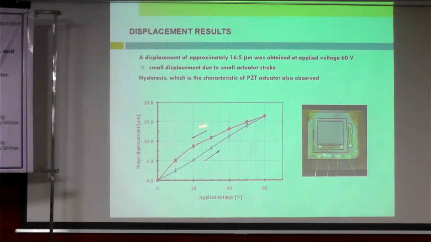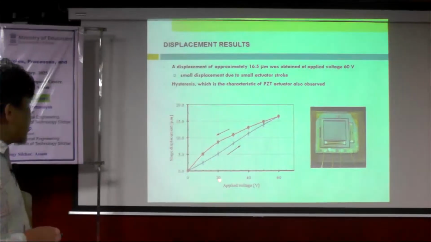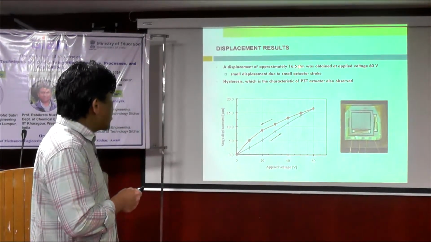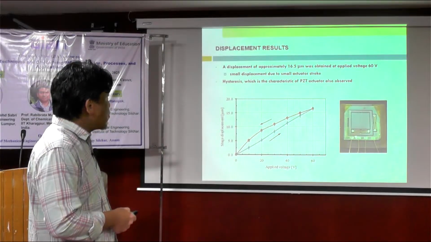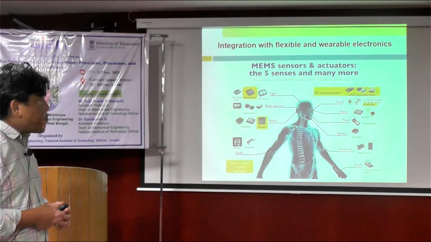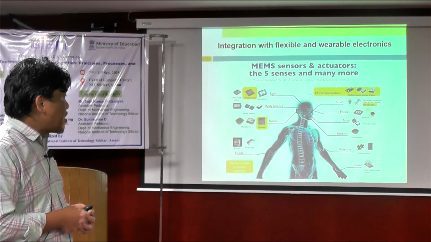And this is the whole package. This actuator can make about 16.5 micron at the applied voltage of 60 volt. So that is part of the device that can be designed and fabricated using MEMS.